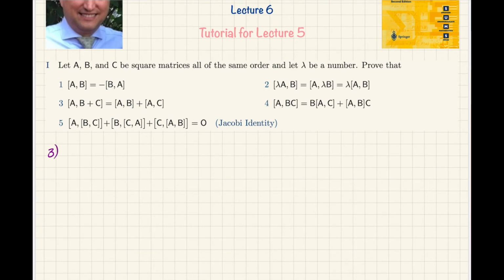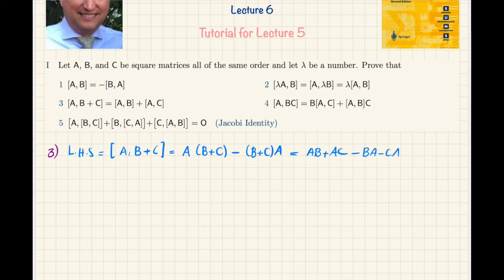I start from the left hand side. This becomes equal to A and the commutator of A and B plus C. According to the definition, I need to write the matrix on the left multiplied by the matrix on the right, and then write the other way around and subtract them. And then I know that matrix multiplication is distributive over the matrix addition, so I can write AB plus AC for the first one, and I can write minus BA minus CA for the second one.